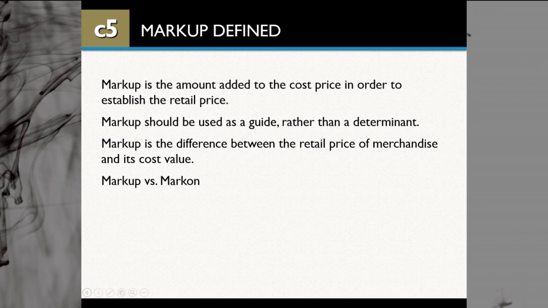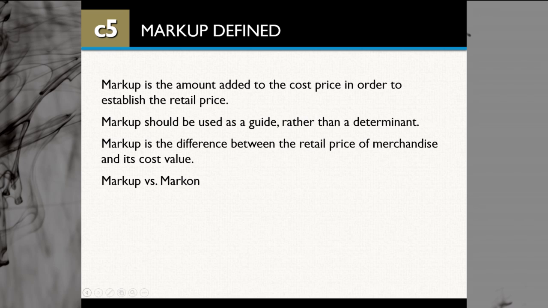For the retailer, we use markup, but you may hear about mark-on at the manufacturer level. It is not just a single amount but the total amount, the total addition for all merchandise for the department, not just for a single or individual item. We're going to focus more on markup, for single items and multiple items as well, but I just want you to know the difference between these two terms.